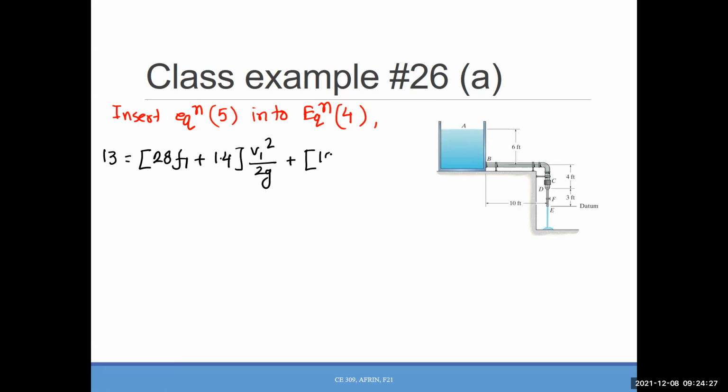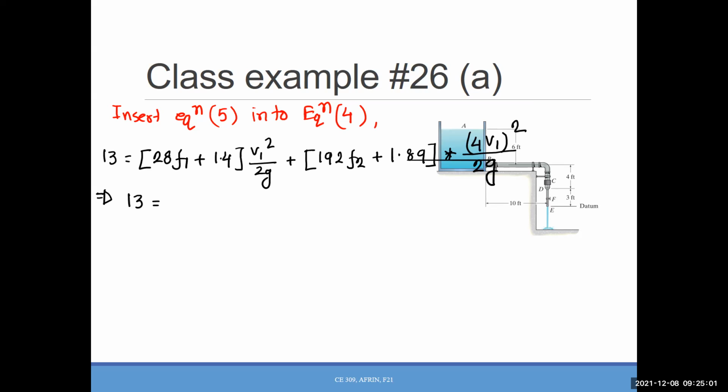Now we have 192 F2 plus 1.89 times 4 V1 square over 2G. Right? Is that correct? Okay. So now if you can see here, now we have F1, F2 and only V1. We know the value of F1, F2, so we can solve V1.